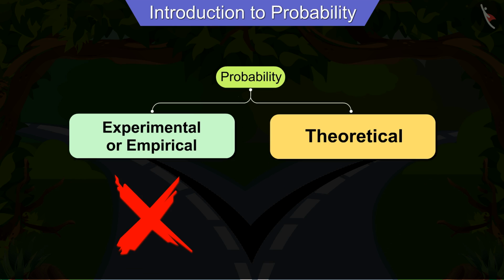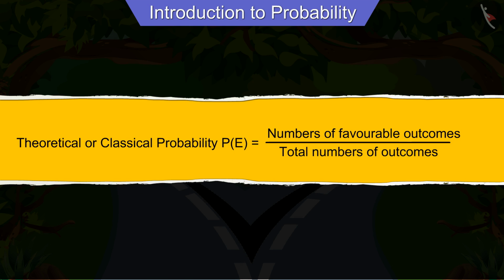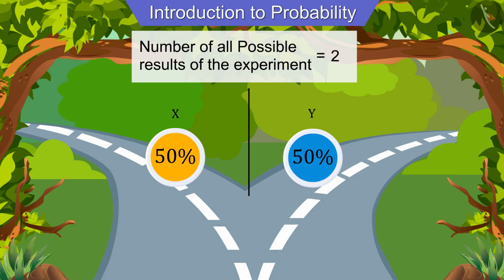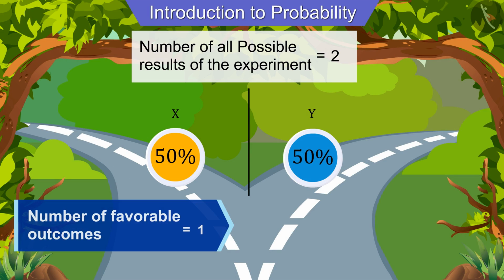In such situations, we take the help of theoretical probability, which is also known as classical probability. We use this formula to find the value in numerical form. In this position of Joseph, we have a total of two outcomes. If Joseph chooses road X, then the number of favorable outcomes will be 1.